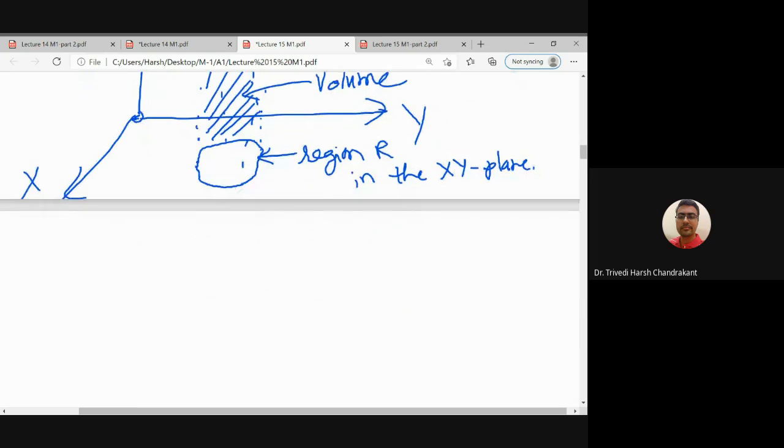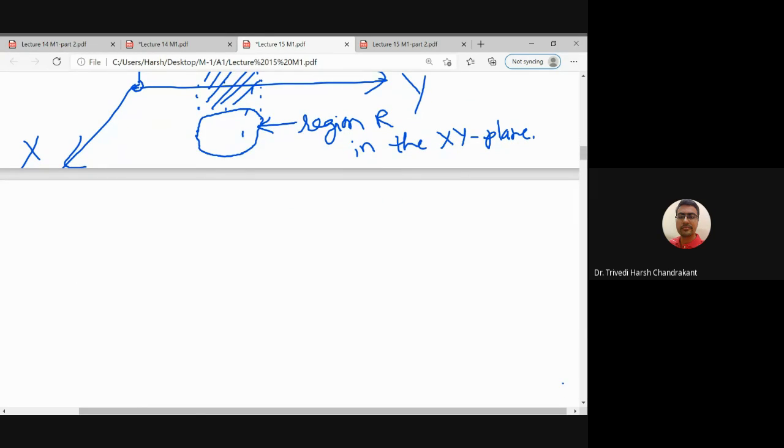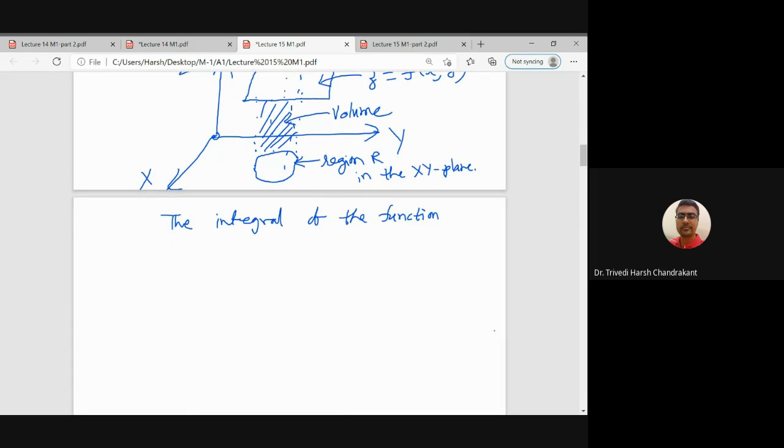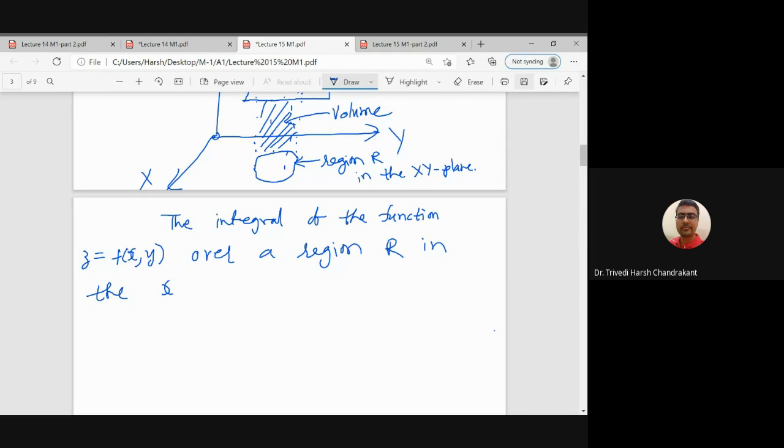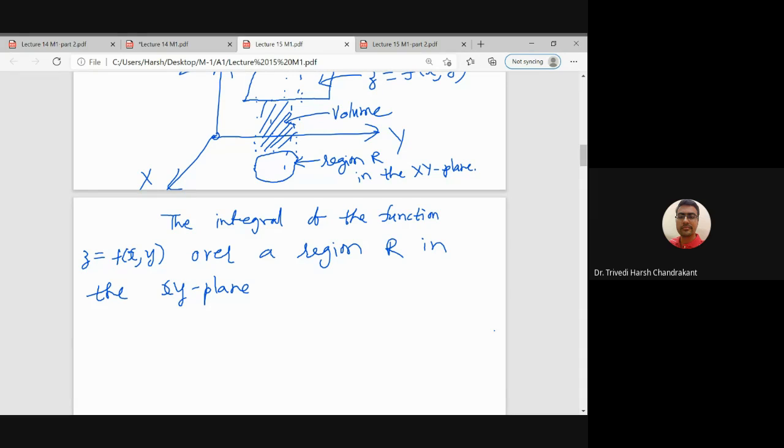Let us write this down in words. The integral of the function f of x, y over a region R in the xy plane is the volume.